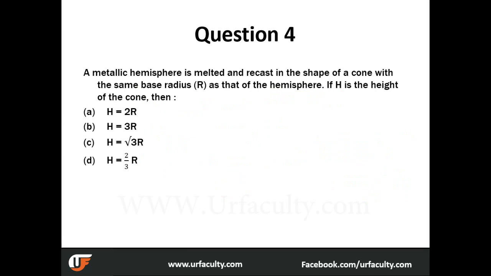A metallic hemisphere is melted and recast in the shape of a cone with the same base radius r as that of the hemisphere. If h is the height of the cone, then again, volume of hemisphere is equal to volume of cone. And here they even simplified our problem by saying that the radius is same.